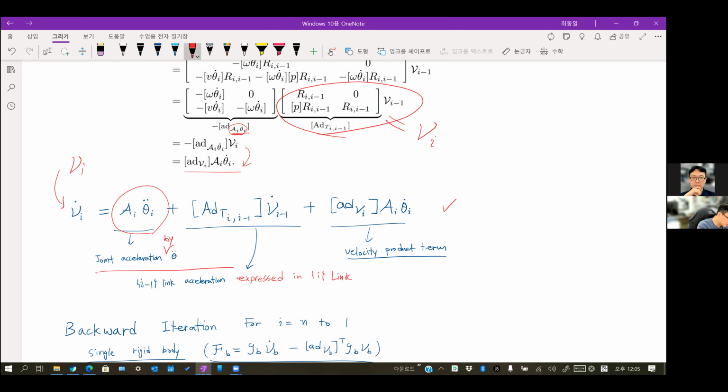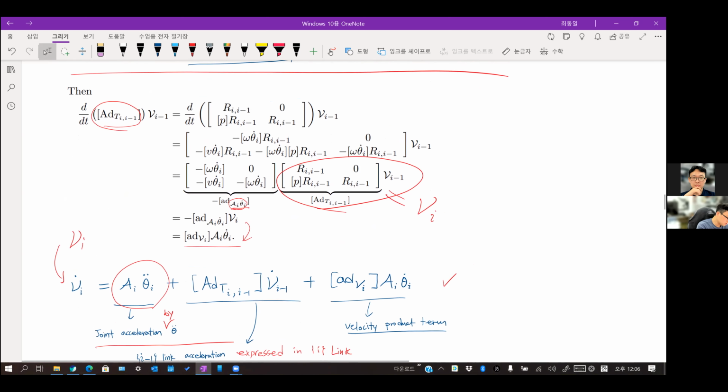So this one is the changing of the reference, and this one is the velocity product term. As you already saw, this one is some kind of product of two twist values. So this one is actually the velocity product term. So from here we can get the centripetal or centrifugal acceleration or the Coriolis acceleration.